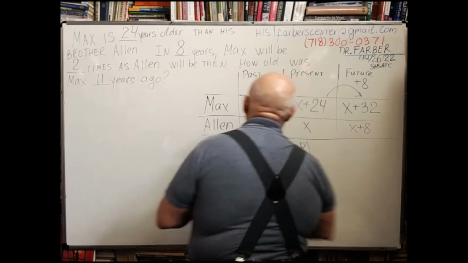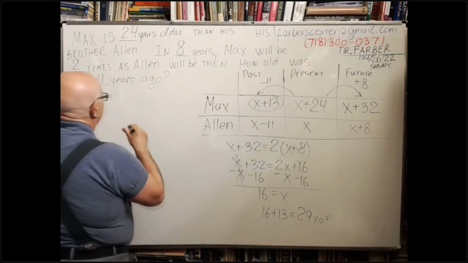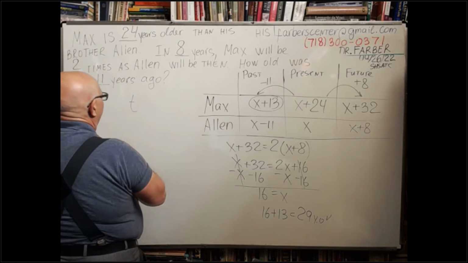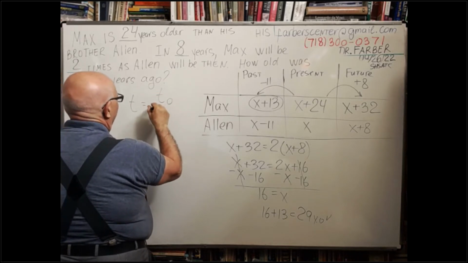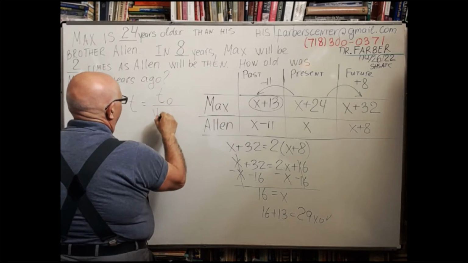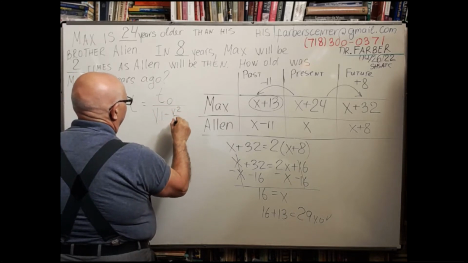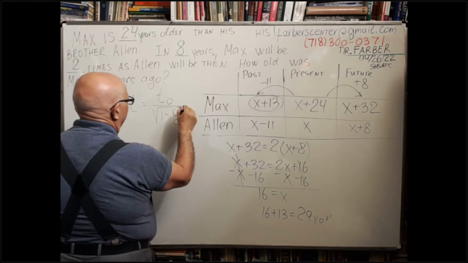I give a formula for relativity theory. Time in movement equals time when it's not moving, times the square root of 1 minus v squared over c squared. I explain what it is.